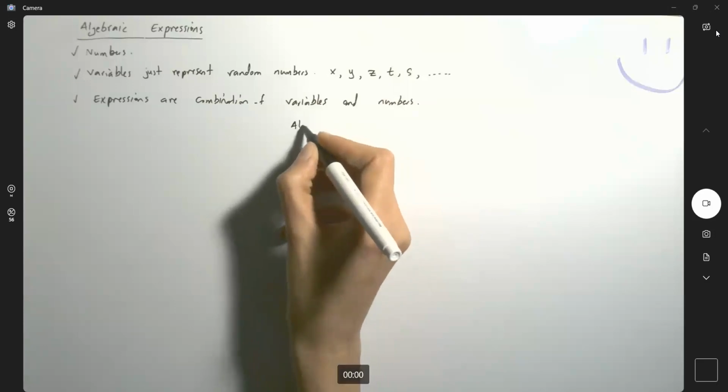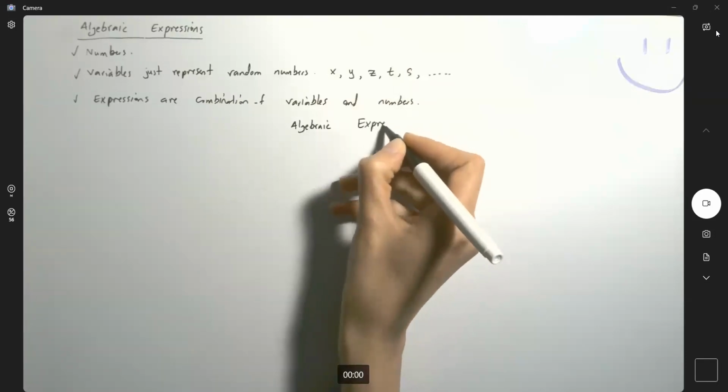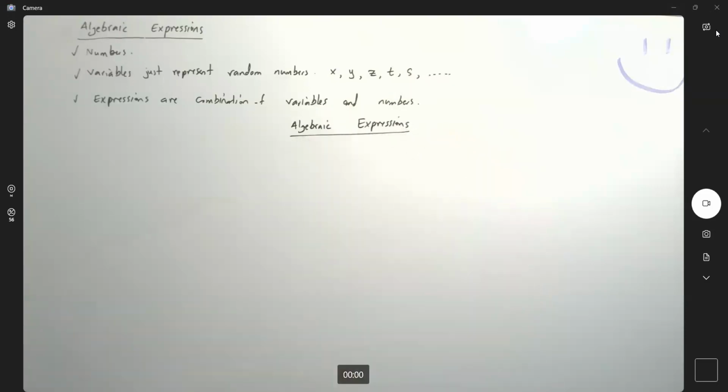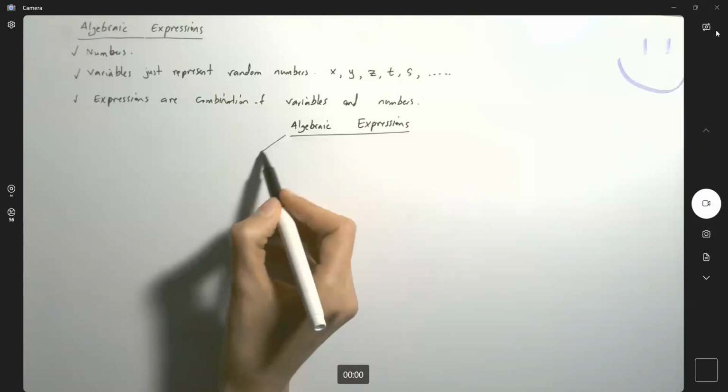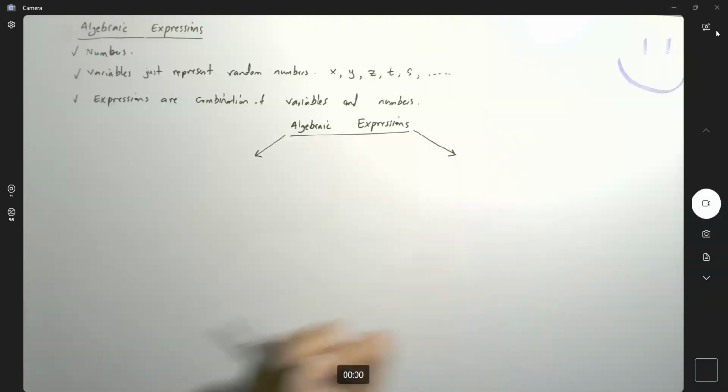So for algebraic expressions, when you read examples or complete the homework or go over some quiz, there are specifically two types of tasks that you've been asked to do.